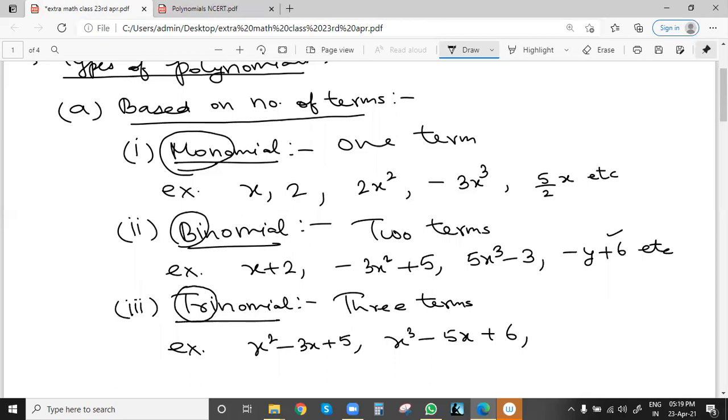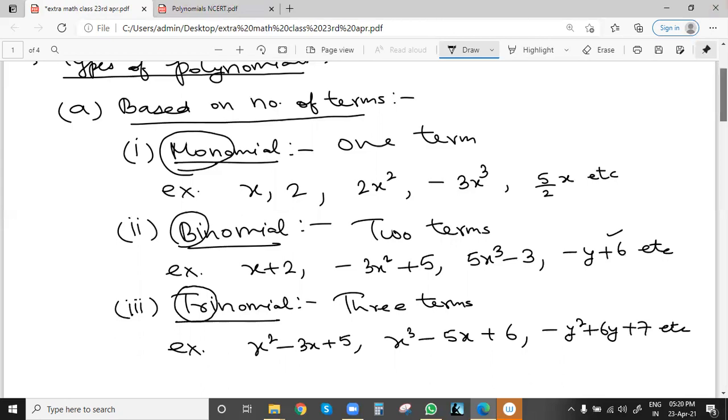By multiplication or division, terms remain the same; by addition and subtraction, terms are separated. One more example: y square plus 6y plus 7. It also has three terms.